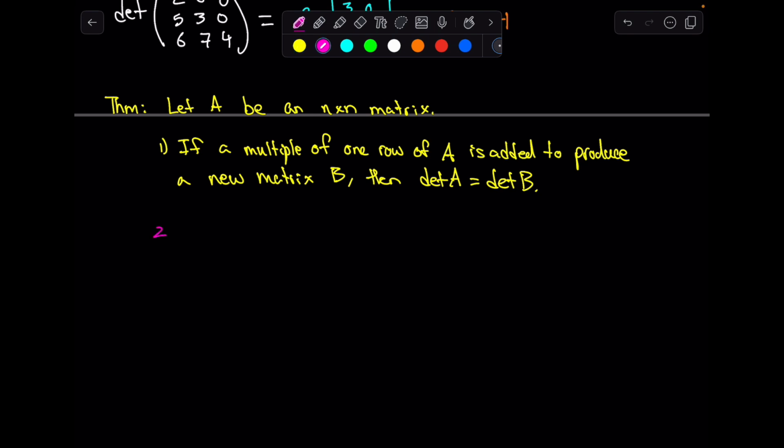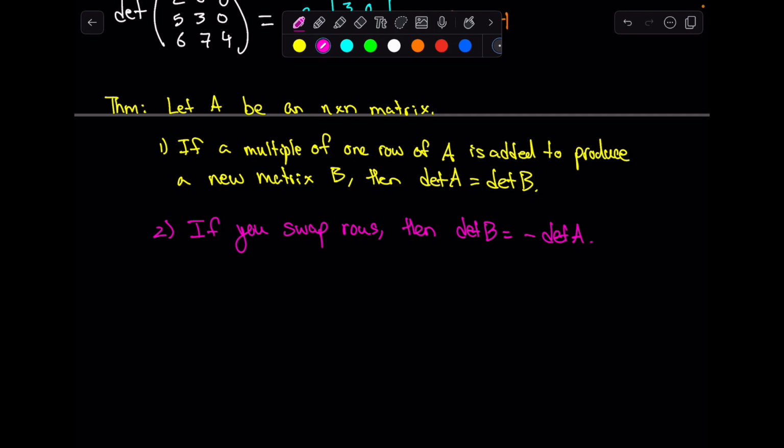The second thing here is if you swap rows, then you get that the determinant of B is equal to the negative determinant of A. So that's if you do one row swap. So if you do 2 row swaps, you get back to the positive version, okay?